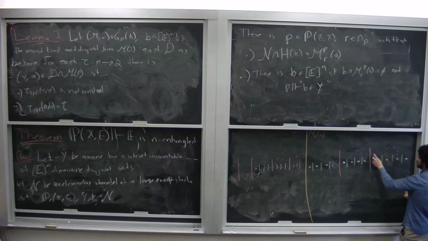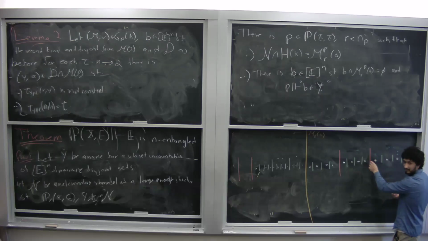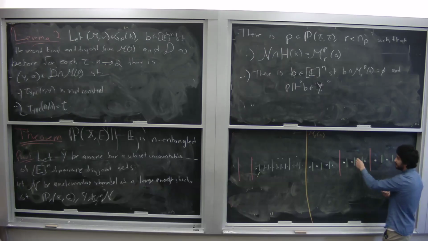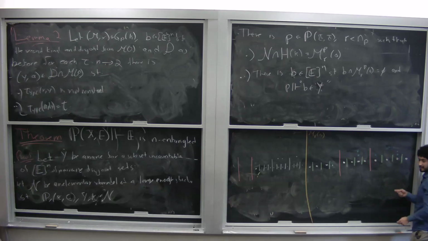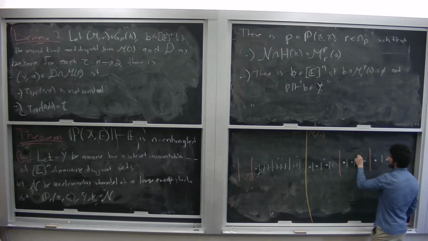Maybe 4 points was too small to really describe my problem with the argument. Let's say that I drew here 5 points, and there are actually 2 points here and 2 points there and maybe 1 point here.